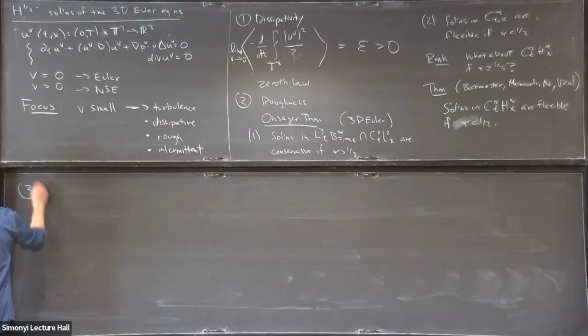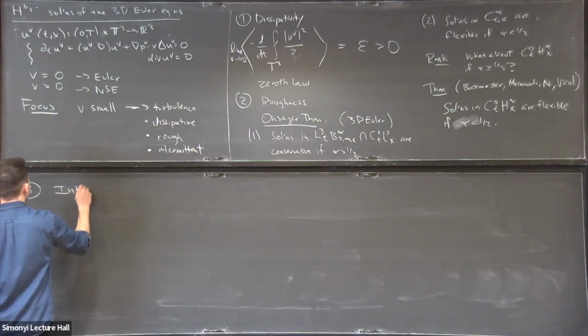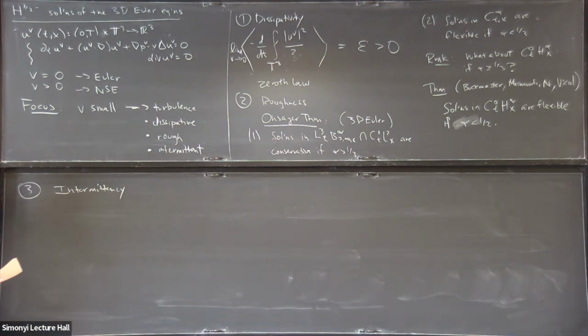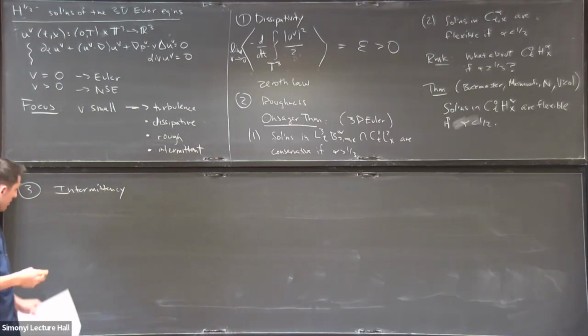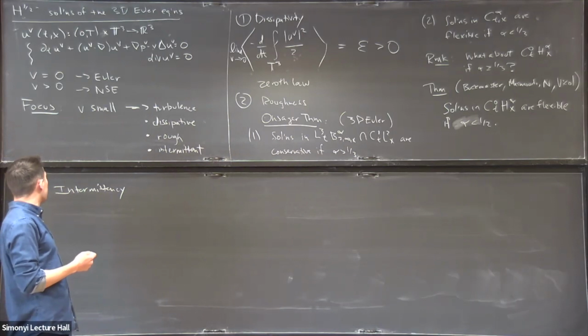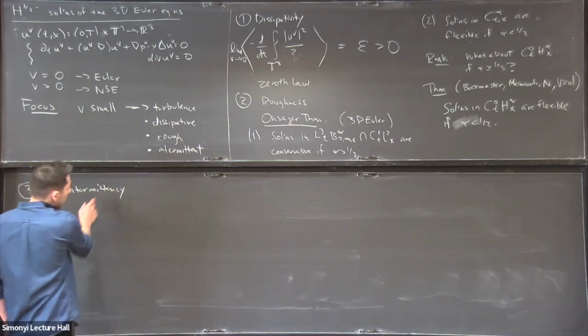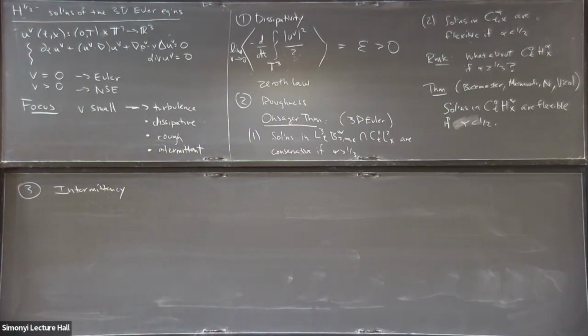All right, intermittency. So at an intuitive level, intermittency refers to something which is not homogeneous, maybe I should say homogeneous in time or space, because I could have concentrations in either the t or x variable.